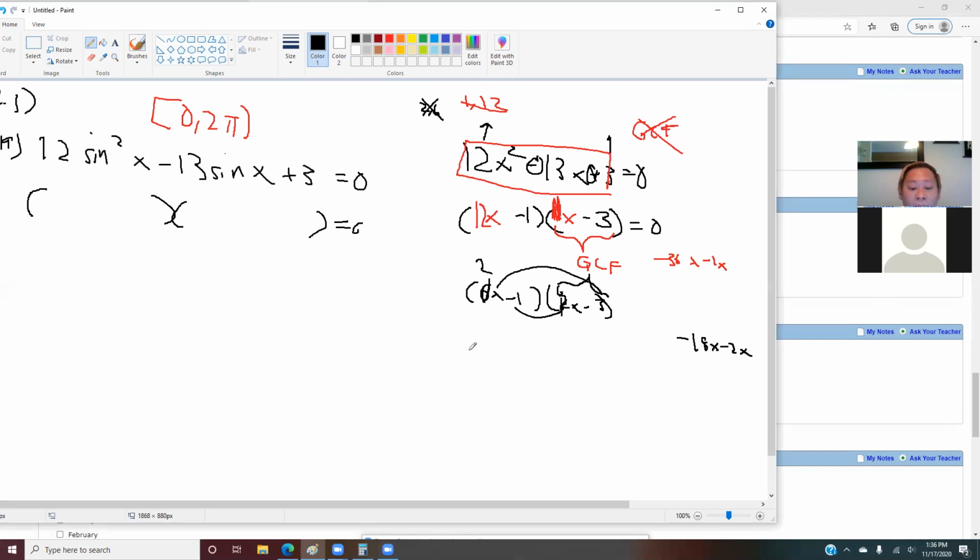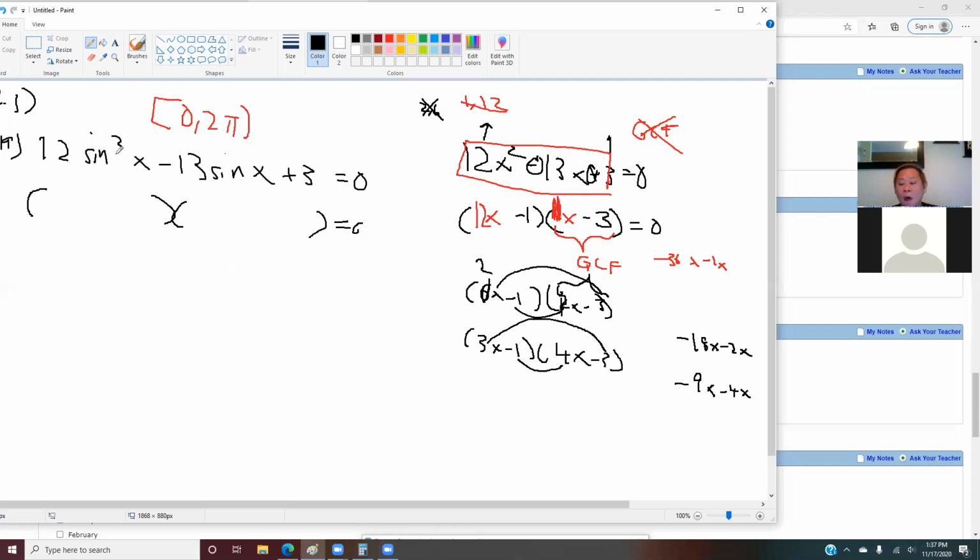We use 3 and 4. Again, we cannot put 4 and 3, because if you put 4 and 3, 3 and 3 has a GCF. So 3x times negative 3 is negative 9x, and 1 times negative 4 is negative 4x. That means this works because this is negative 13. So what is the factor for this one?